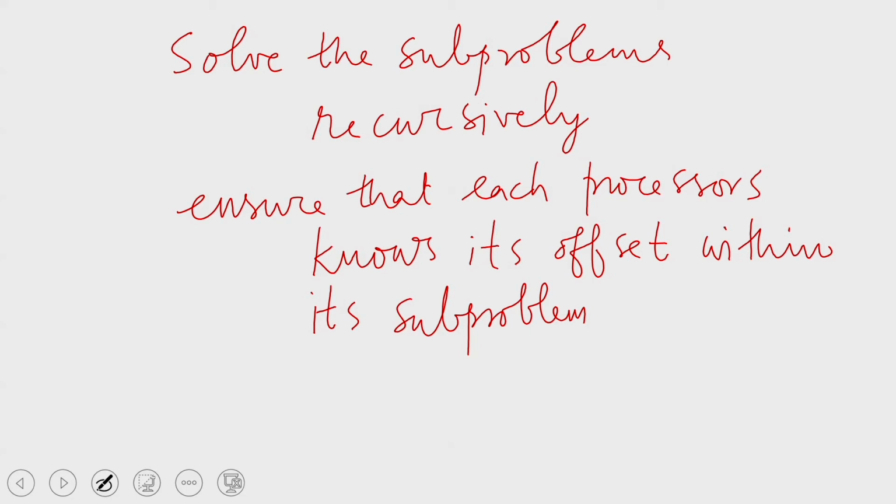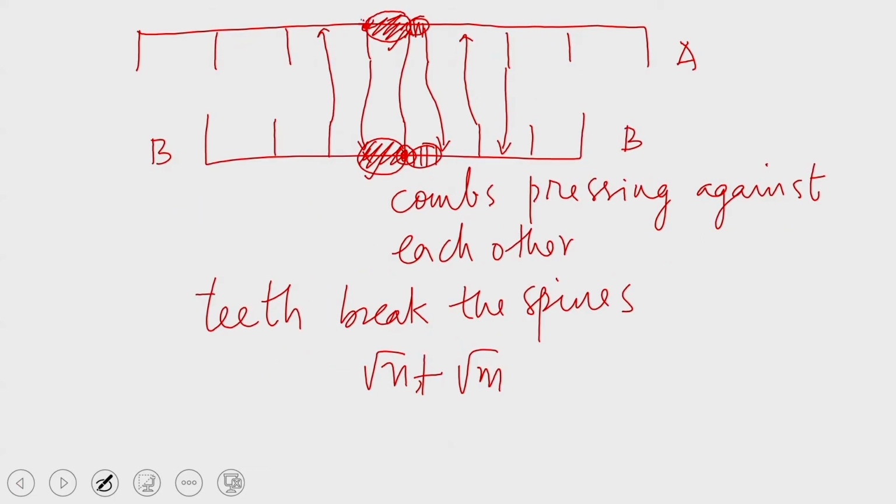This is easy to ensure because we have more than square root of n times square root of m processors. So every leader on the A side can be given root m processors. These root m processors can go to these elements on the other side which are in charge of this leader and inform those elements that they are left in charge of this leader on the A side. Then all these elements will also get to know their offsets.